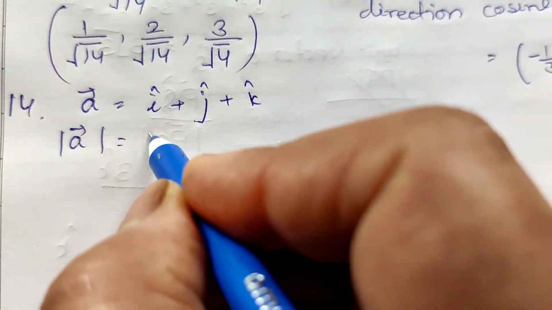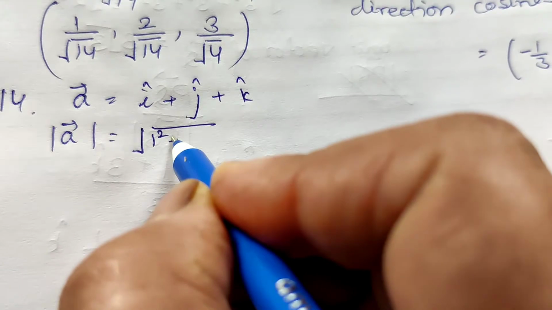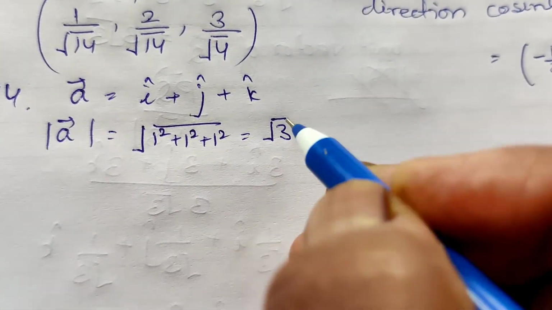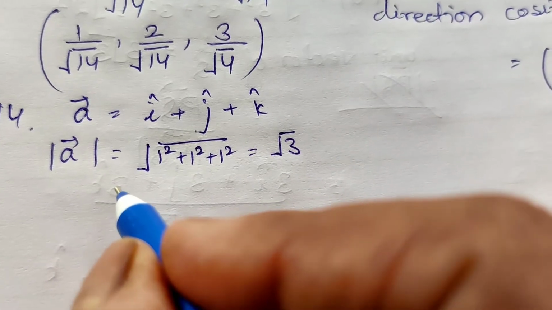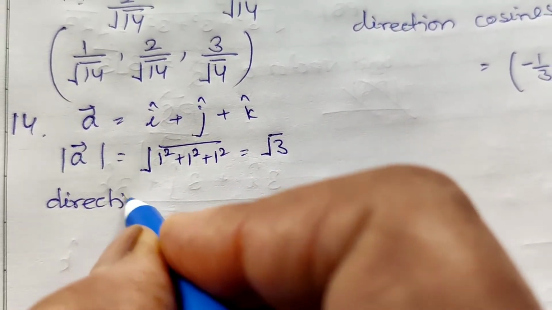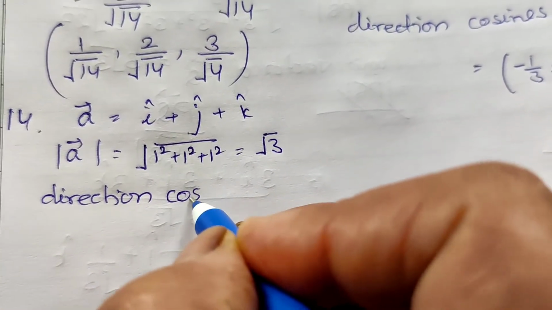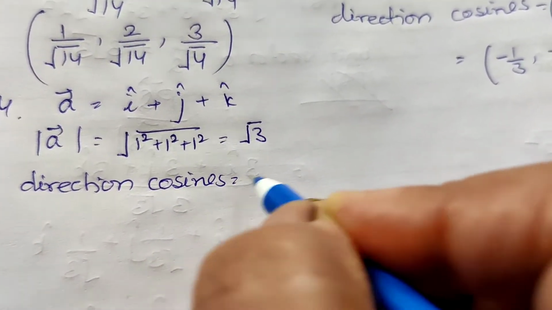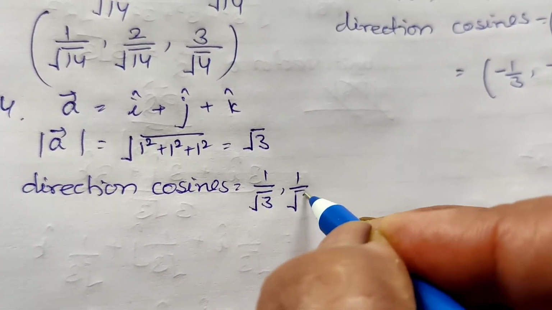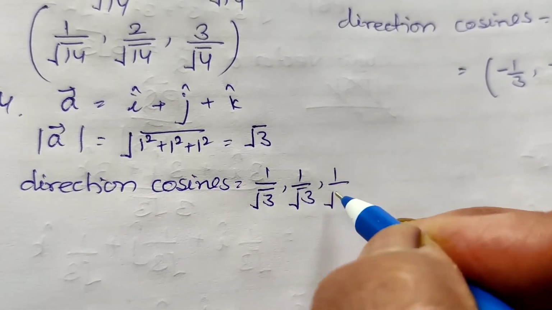Magnitude: 1 square plus 1 square plus 1 square, it is equal to root 3, and therefore the direction cosines are 1 by root 3, 1 by root 3 and 1 by root 3.